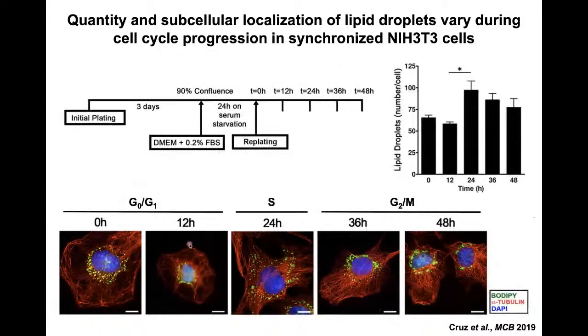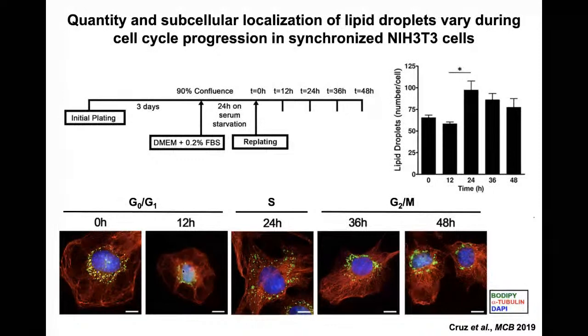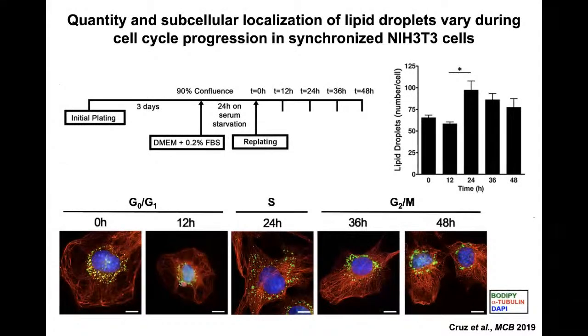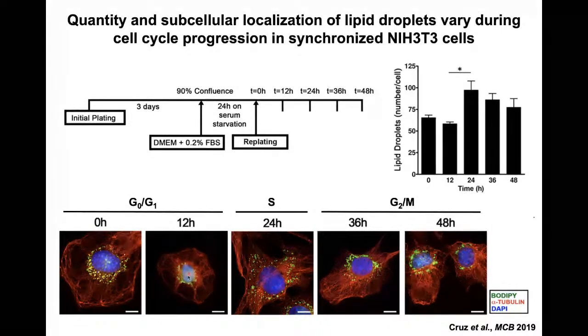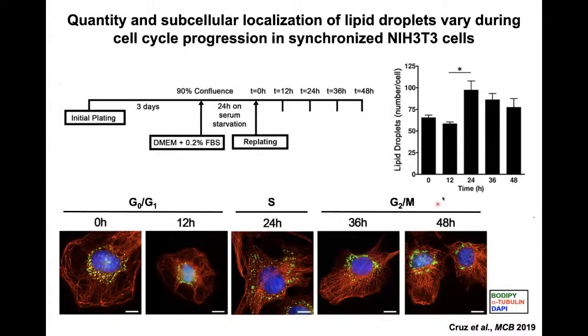Then I would like to show that in G0/G1 phase, at 12 hours, you see these lipid droplets labeled in green very close to the nucleus. At S phase, these lipid bodies increase in number and disperse in the cytoplasm. Later on, we see the lipid droplets again close to the nuclei.